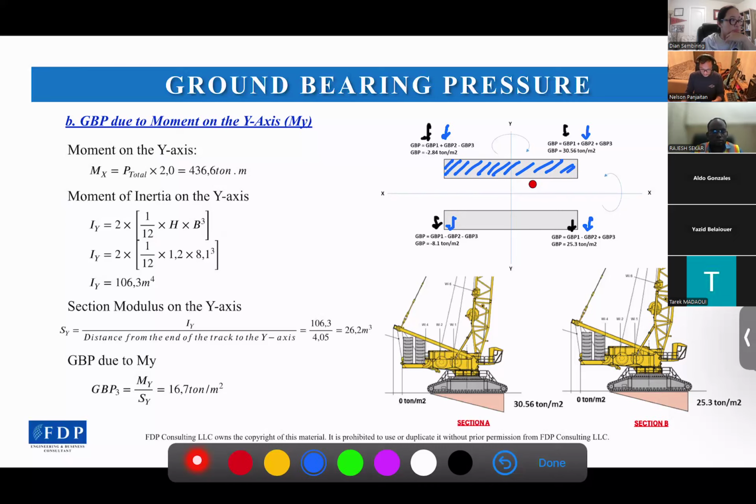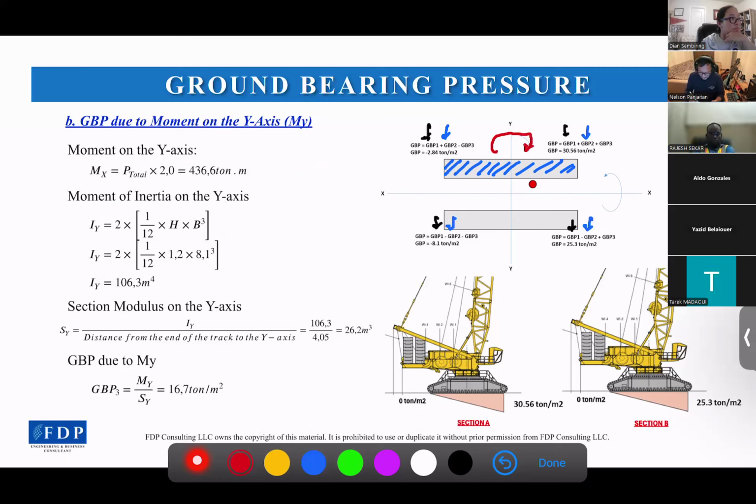Looking back at the COG location, we know that it will rotate the crane to the front, right? So it will rotate to here.